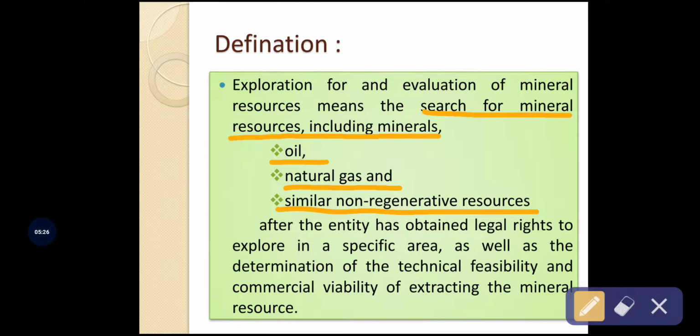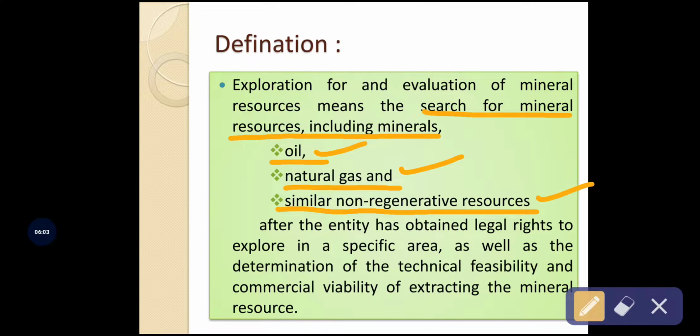The definition says the same thing: the company will search for mineral resources in order to yield the maximum profit.